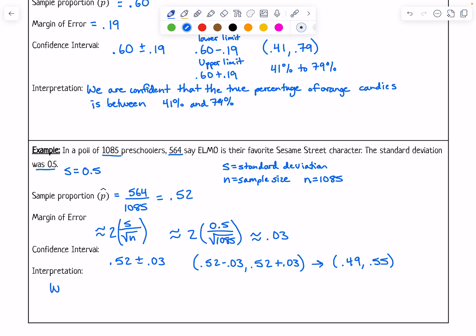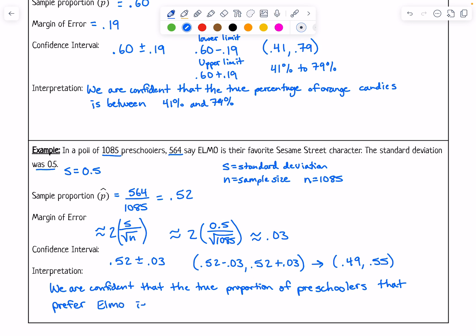And to interpret that, we're just going to say we are confident that the true proportion, or percent, whichever way you want to say it is acceptable, of preschoolers, so you always restate the context, that prefer Elmo, is between, and if I say proportion, I need to leave it as a decimal, so don't mix the two up.